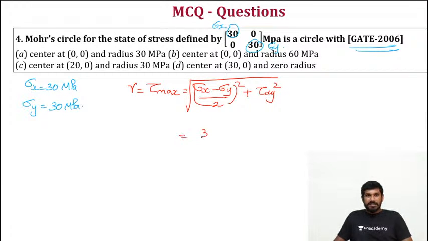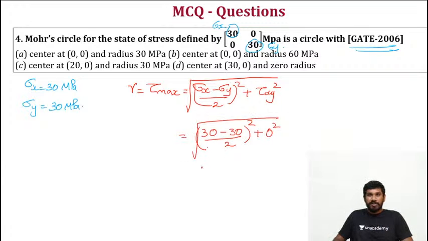So x is 30, minus 30 by 2, whole square, plus shear stress is not given, so that is also 0. That is equal to 0.